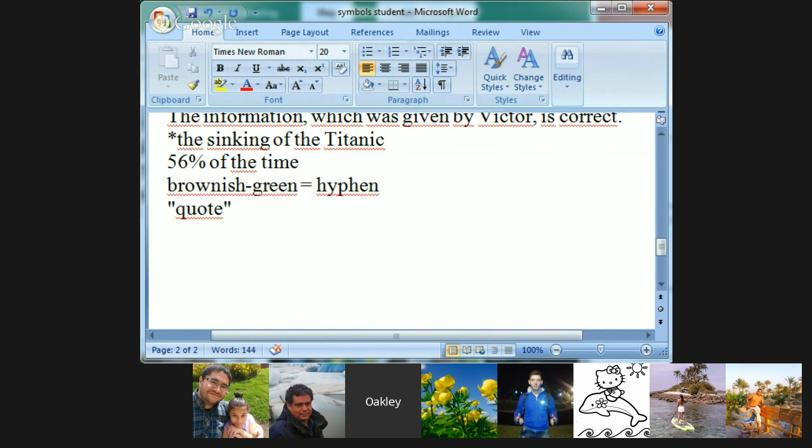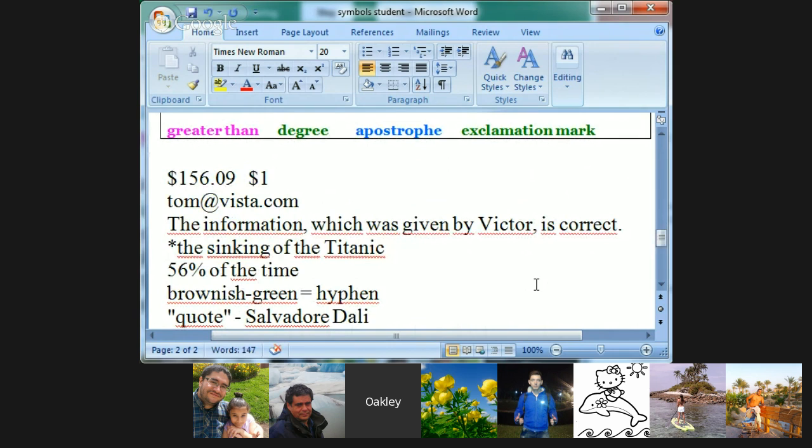Anyway, dash and then Salvador Dali, whoever, to show who made a quote. You also use a dash for that. It can also be used exactly like this extra information here, occasionally. More often with technical information.